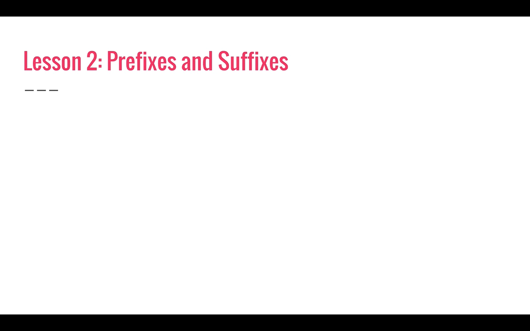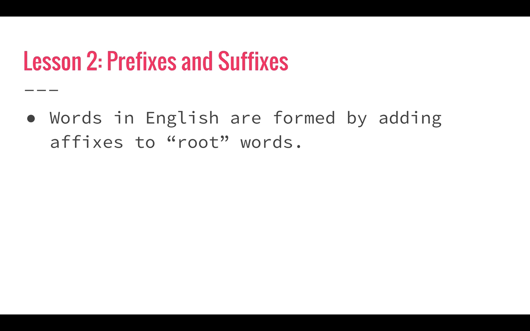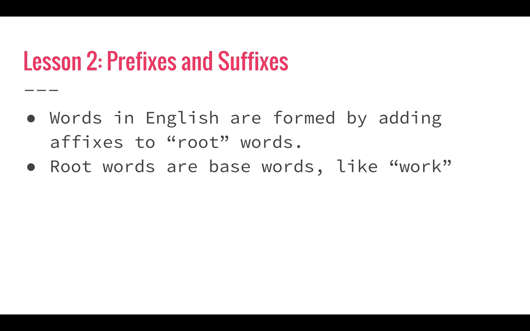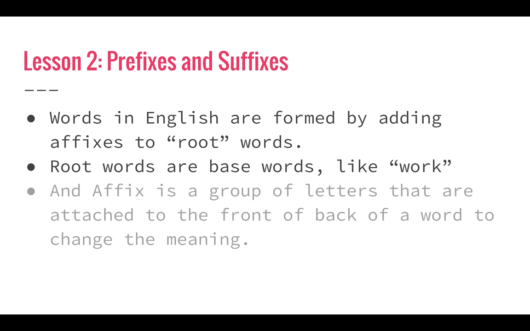Lesson 2 is going to be prefixes and suffixes. The words in English are formed by adding what's called affixes to root words. And then root words are base words, like work. An affix is a group of letters that are attached to the front or back of a word to change the meaning.